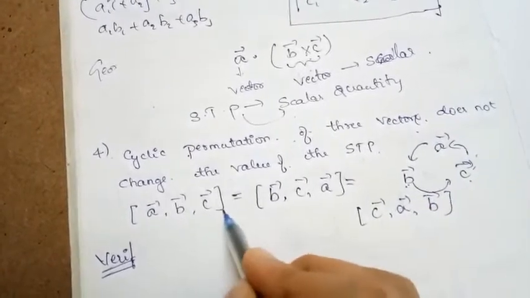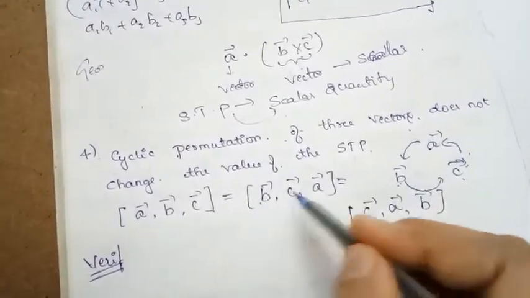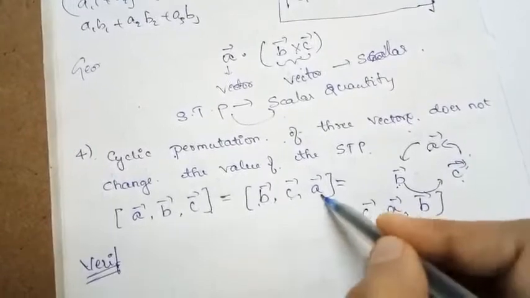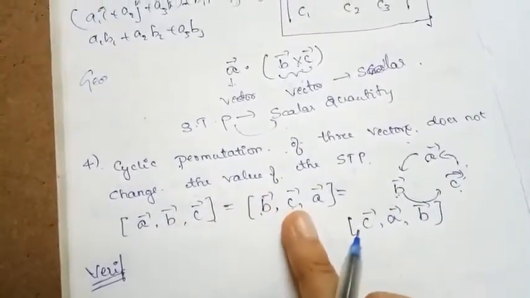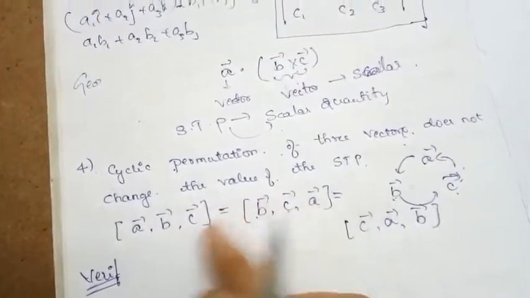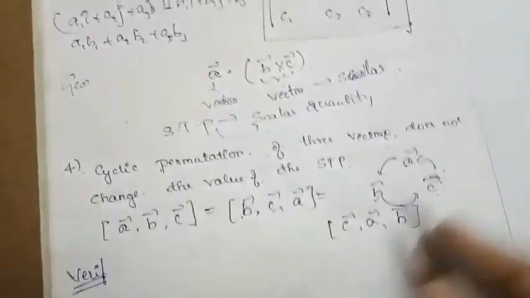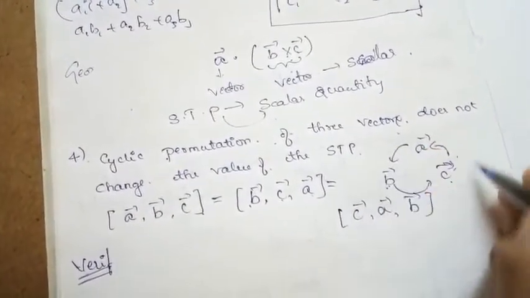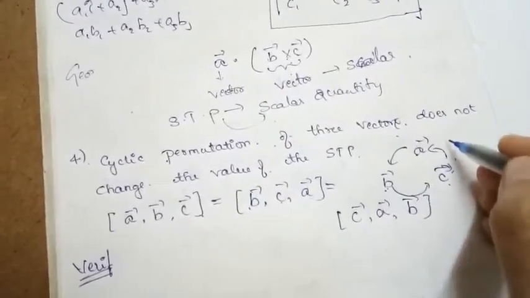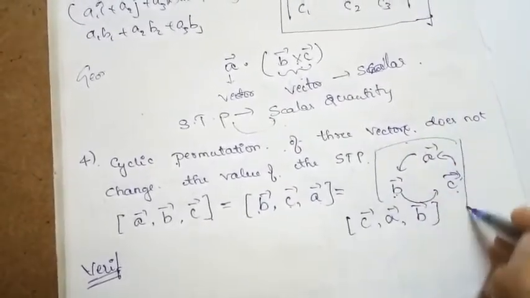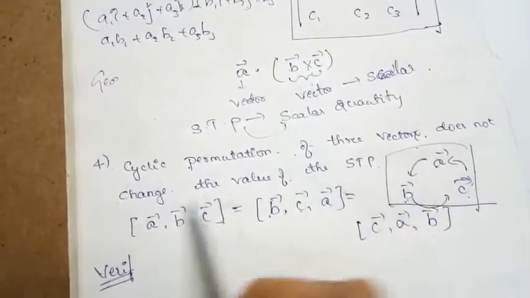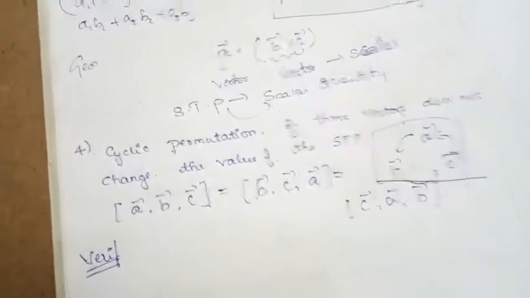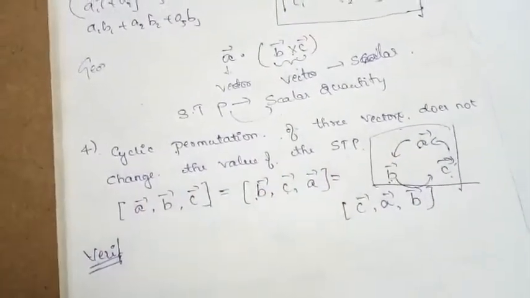So A, B, C, suppose I write vector B first, then C, then A, the value of the two scalar triple products remains as it is. Suppose you write vector C, vector A, vector B, it maintains this cyclic notation itself. So if we maintain this cyclic way, the value of the scalar triple product does not change.